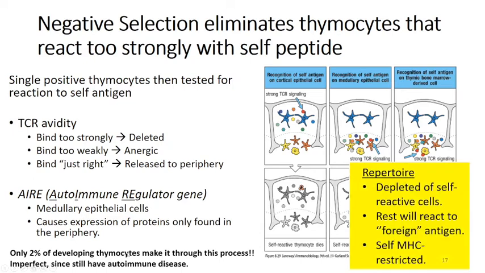One message that I want you to get is this. After the T cell has gone through the selection process, the positive selection followed by negative selection, we're left with self-tolerant cells. Very different strategy to the innate system.